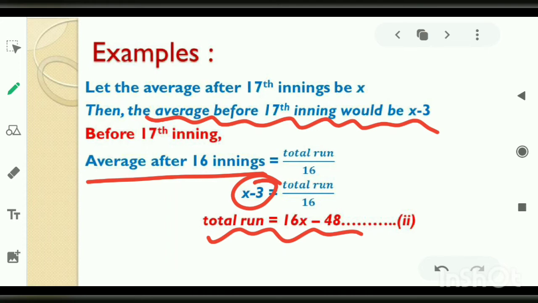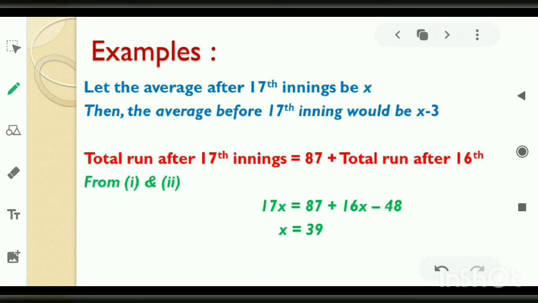Good. What do we have to find? We have to find the average after 16 innings, right? We know the total runs taken by the batsman after 17 innings, as well as after the 16th inning, as well as the runs scored during the 17th inning.